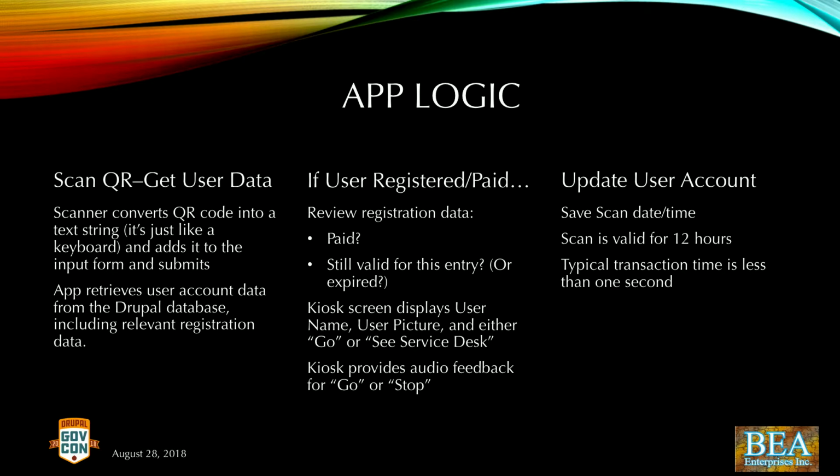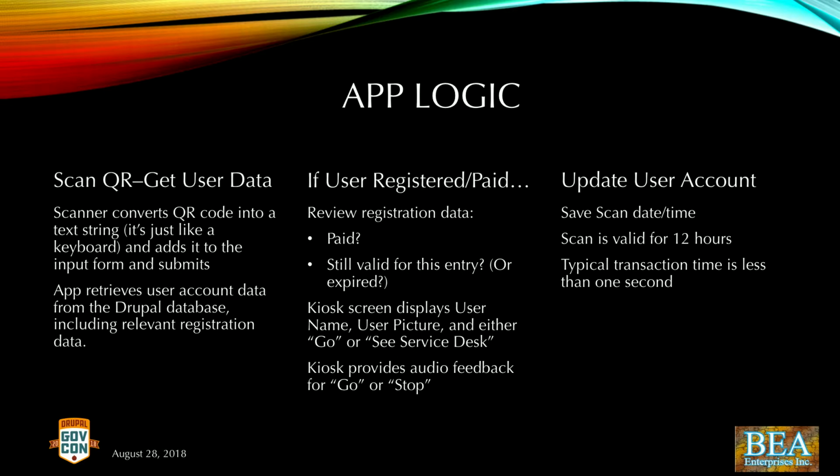The other thing that happens is that we have to go out and update the user account. You can't just display this on the kiosk screen, but you have to record the date and time of the scan. And another thing is these scans expire. In our facilities, they expire after 3 hours. It's sometimes the case that somebody will be on 2 teams and they'll be playing at a 1 o'clock game and a 6 o'clock game.